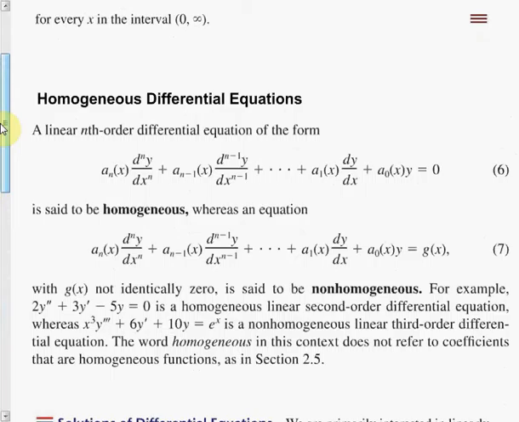This term homogeneous is not to be confused with chapter 2, where we looked at what was called a homogeneous equation. It was different, same word, but they're talking about two different things. So you want to be careful there.